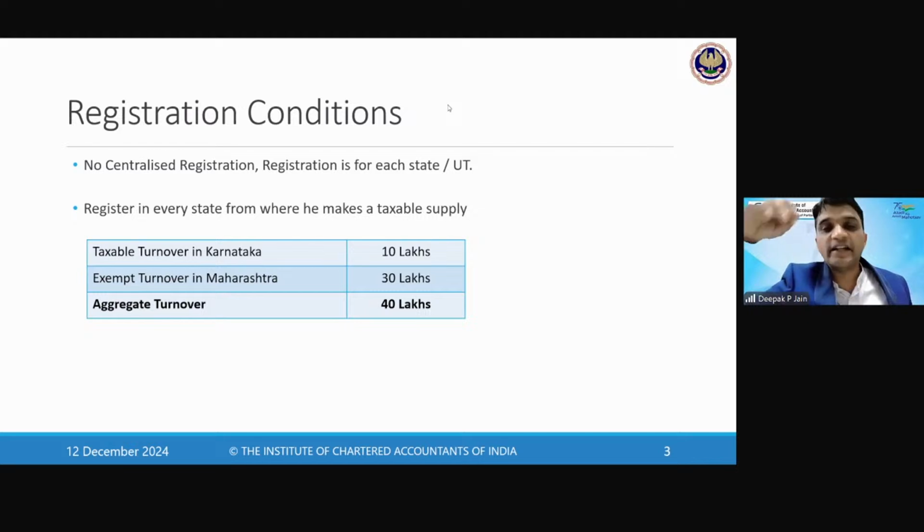If the retailer is registered, he would have taken the input tax credit from the distributor and he will charge you. But whatever he is charging, he will have to work backwards and not add any taxes on top of MRP, because MRP is a regulation which says that that is the maximum retail price at which you can sell.